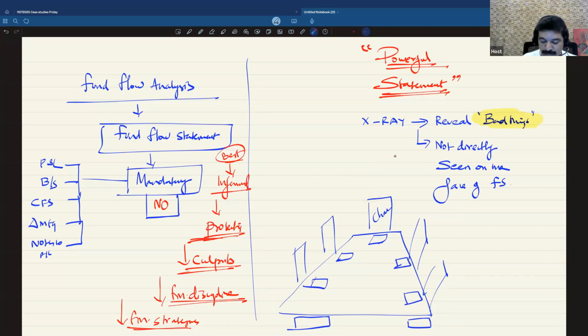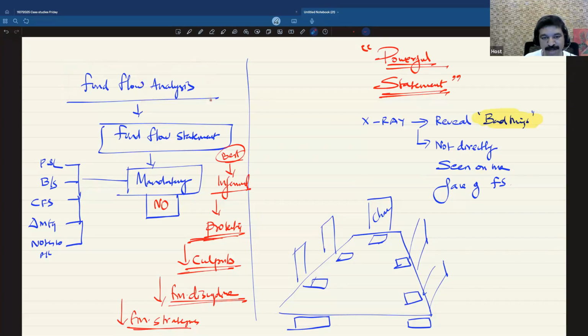They are using that analysis for taking a decision. Their decision is either sanction or reject. How powerful it is, right? That's the real purpose of fund flow statement and fund flow analysis.